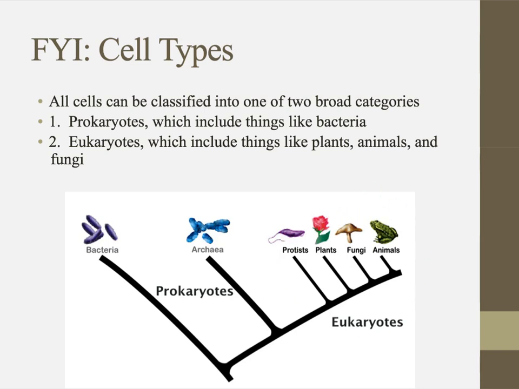Eukaryotes include animals, plants, fungi, and protists. We're going to spend most of our time talking about plant and animal cells, but there are other types that we kind of accidentally leave out. They all form eukaryotic cells versus bacterial cells that form the prokaryotic domain.